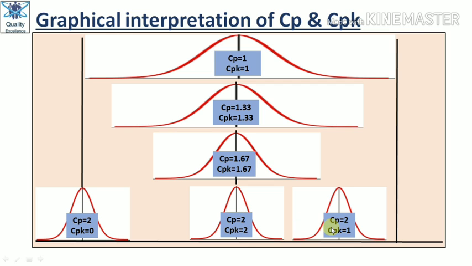Here it is within the specification, it is lying within the specification, so it is 1. And in this case, the process mean is on the lower specification limit. That is why CPK is 0. And further, if this process mean will go outside, then the CPK will be in negative form. So this is a graphical interpretation of CP and CPK.